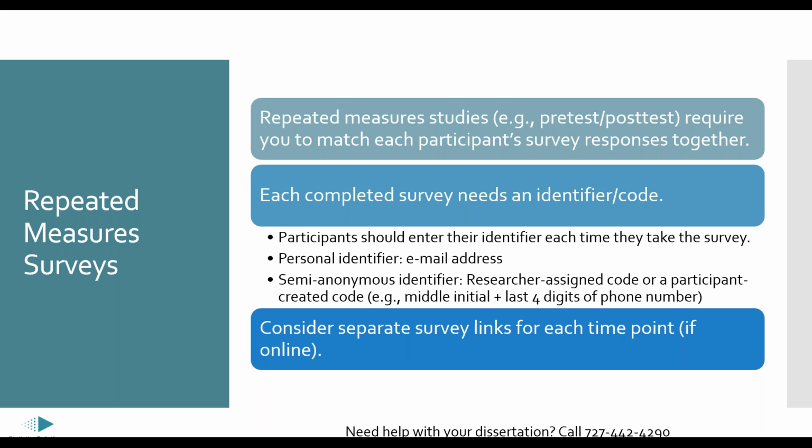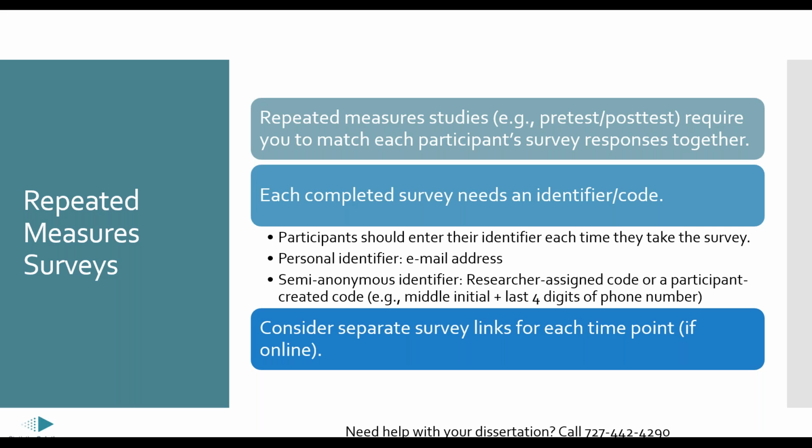And finally, before we get to the questions, I want to mention some special considerations for repeated measure surveys. So these would be any type of survey where you have participants fill out the survey at more than one point in time.